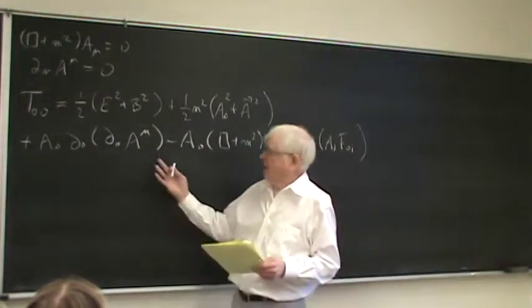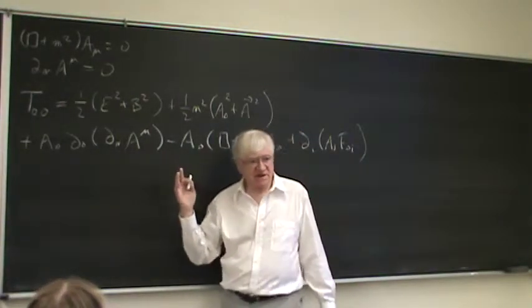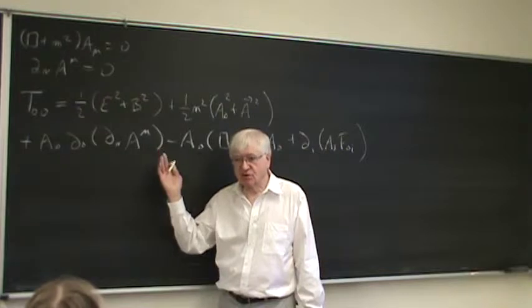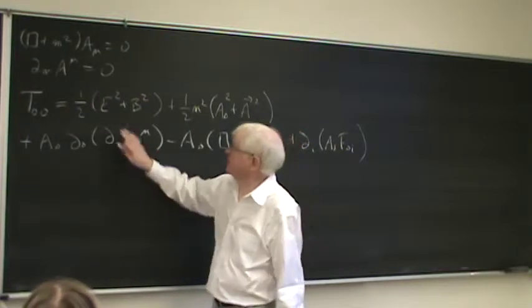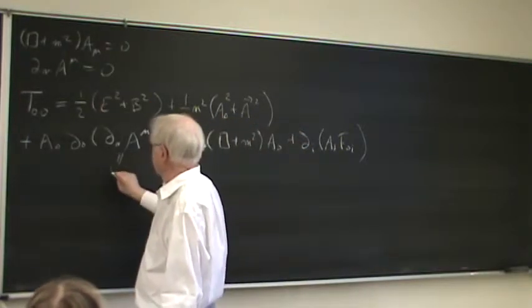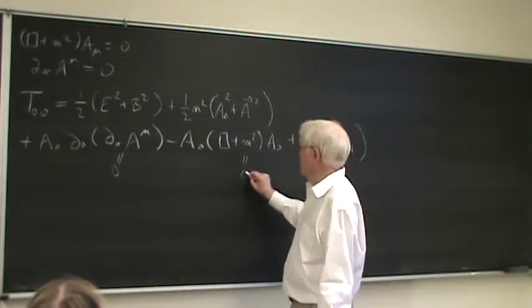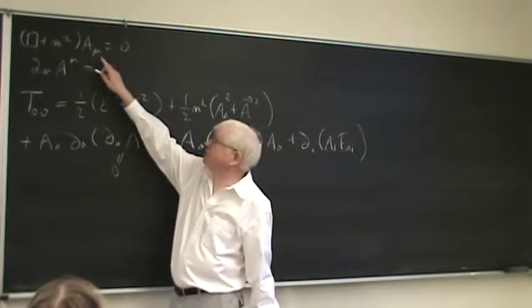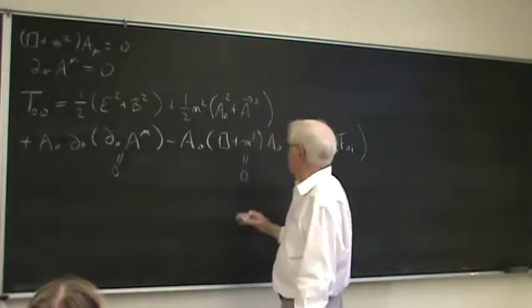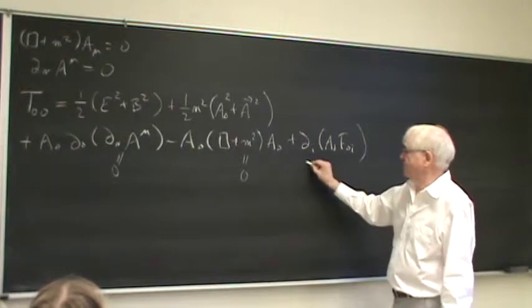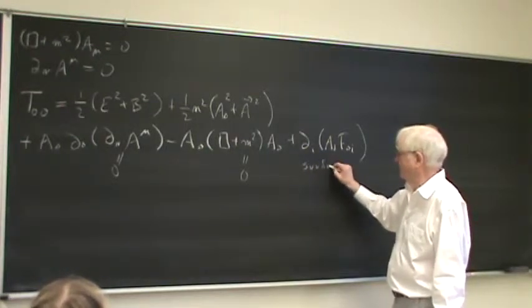Well, remember when we're dealing with the energy, we assume that the equations of motion are obeyed. So one of the equations of motion is that this is 0. Another one is (box plus m squared) A mu equals 0, so in particular this term goes, and this term is the surface term.